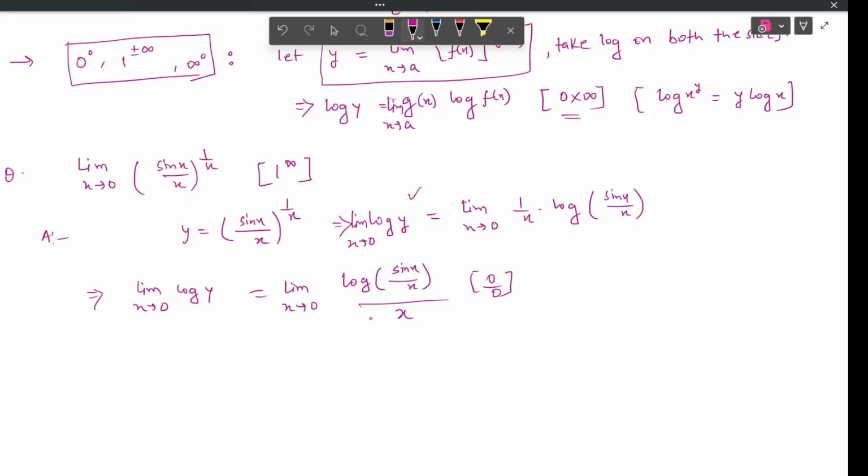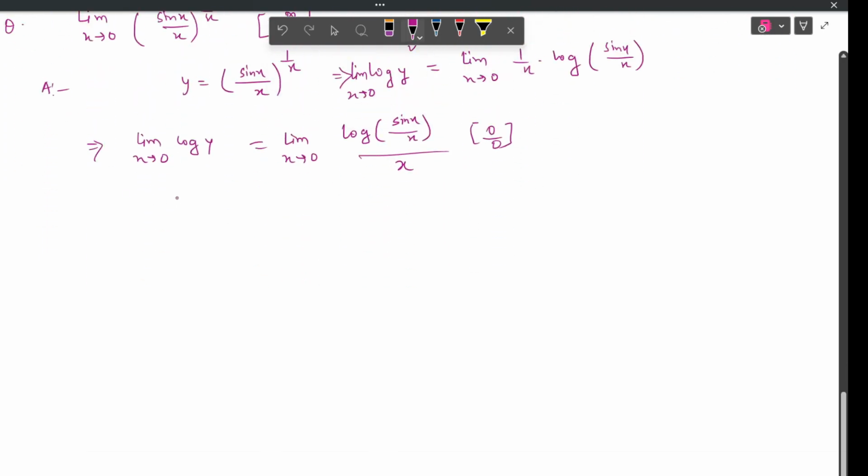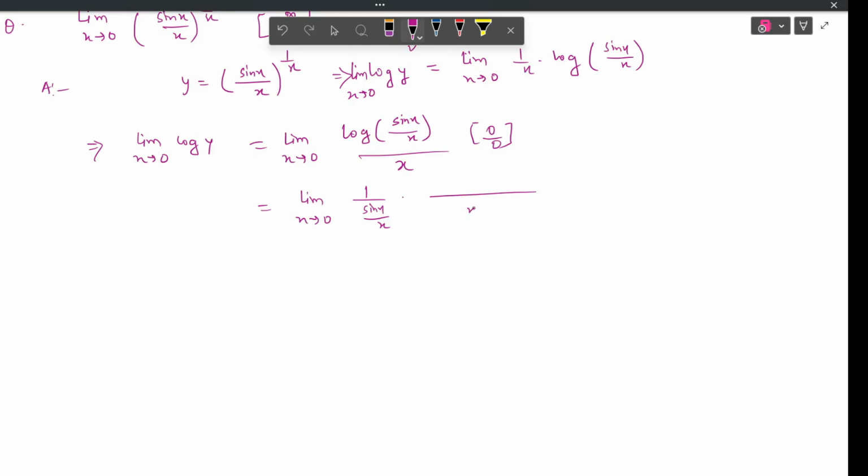Now take differentiation in the numerator and denominator, so it will be limit x tends to 0 log of sin x by x, differentiation of log of x is 1 by x, so it will be 1 by sine of x by x into, now you have to apply u by v rule for sin x by x, so it will be v square, keeping v, differentiation of sin x, that is cos x, minus keeping sin x, differentiation of x is 1, whole divided by differentiation of x is 1.